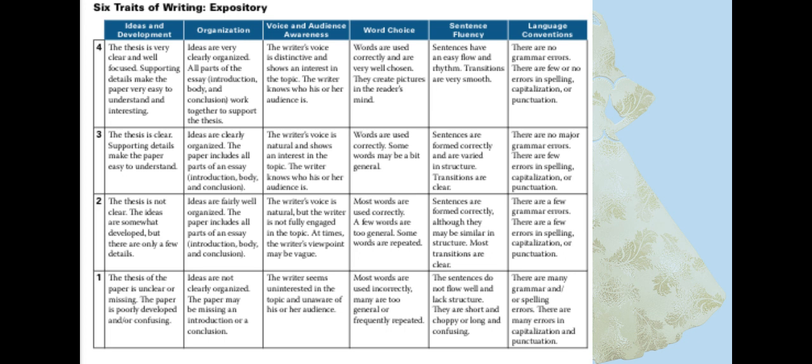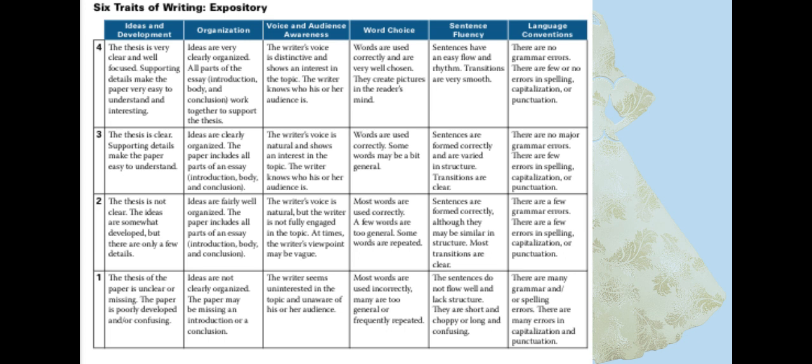I want you to look at your copy of Blackline Master S24. We're going to go over the traits in the row 4 column so that you understand the components of effective writing.